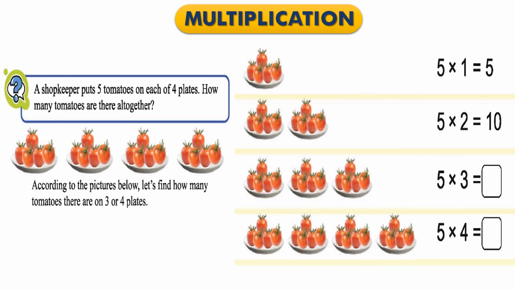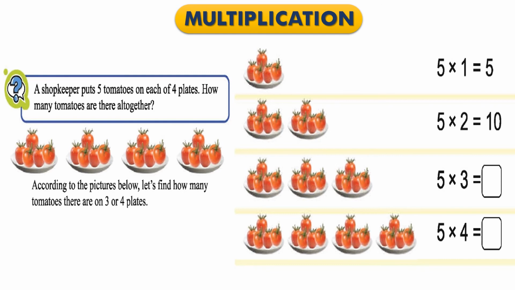As we know, we will start with the number of objects, then we will put the multiplication sign, then we will write down the number of groups. So here the number of objects, that is the tomatoes, is 5 tomatoes in a plate. So the number of groups is 1 and the number of objects is 5.